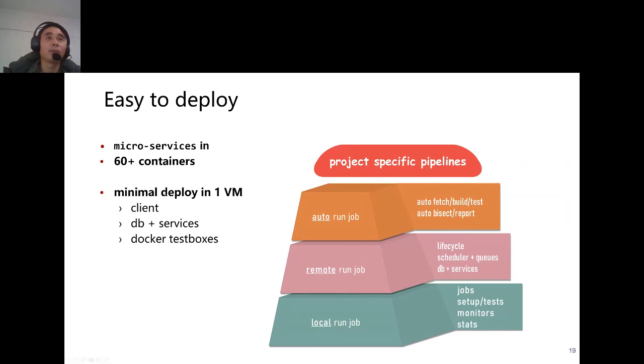And we also have a small script to do a minimal deploy. You can try it out in one single virtual machine. Every part can be installed there, like the client, the database, various servers, but not test boxes, because you typically cannot run another machine in one virtual machine.